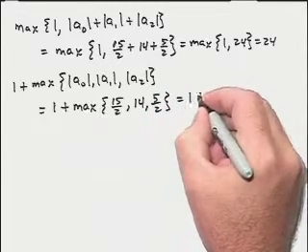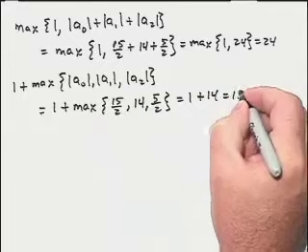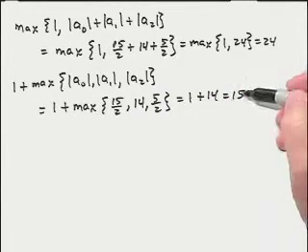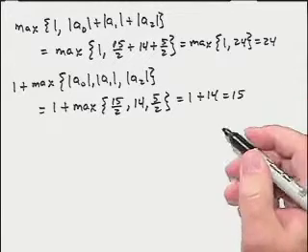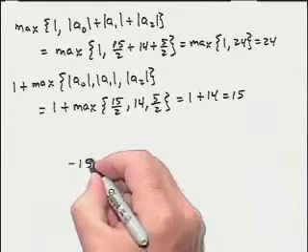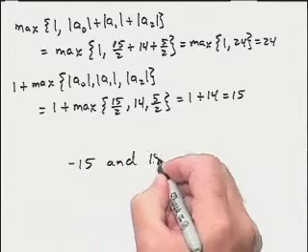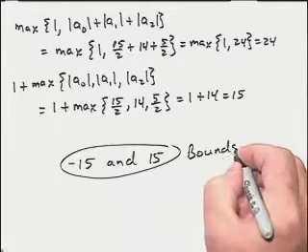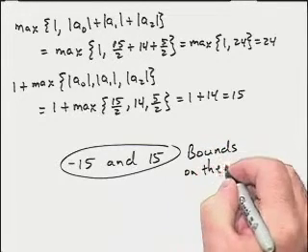So we get 1 plus 14, which is equal to 15. Now the smaller of these two numbers is 15. Well, that gives us our bound. Every zero of g lies between negative 15 and 15. So negative 15 and 15 are the bounds on the zeros.